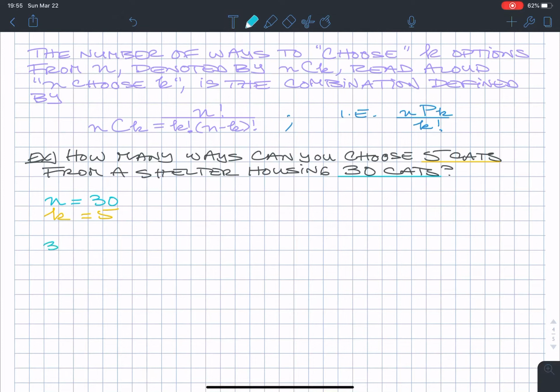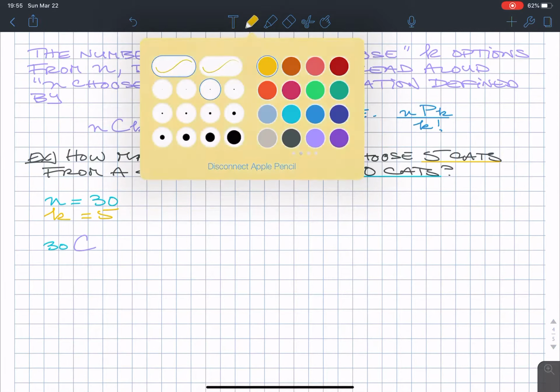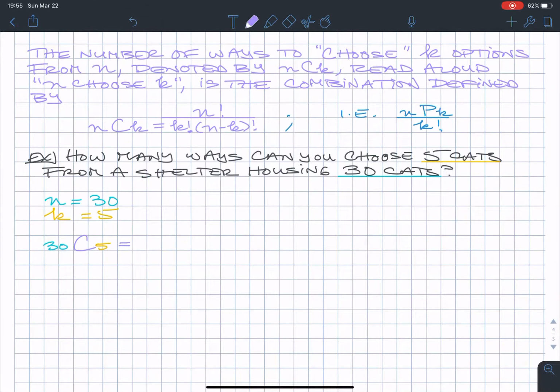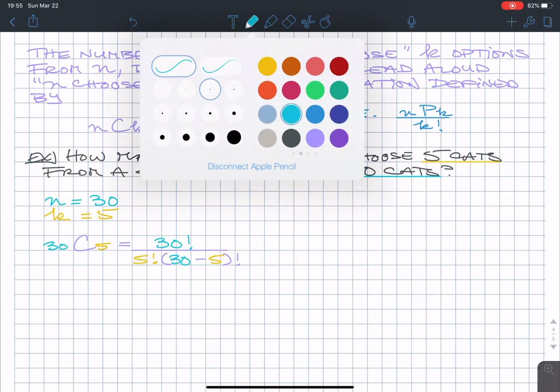So therefore, 30 choose 5 is going to be, well, it's a permutation like before, so 30 factorial divided by 30 minus 5 factorial, but then we're going to tack on a 5 factorial over here. So it's just the permutation divided by K factorial, which in this case is 5.